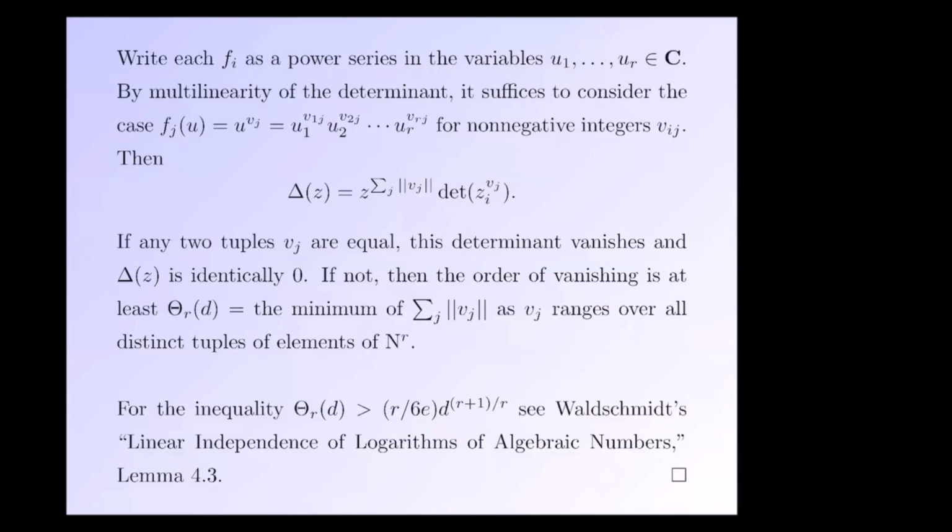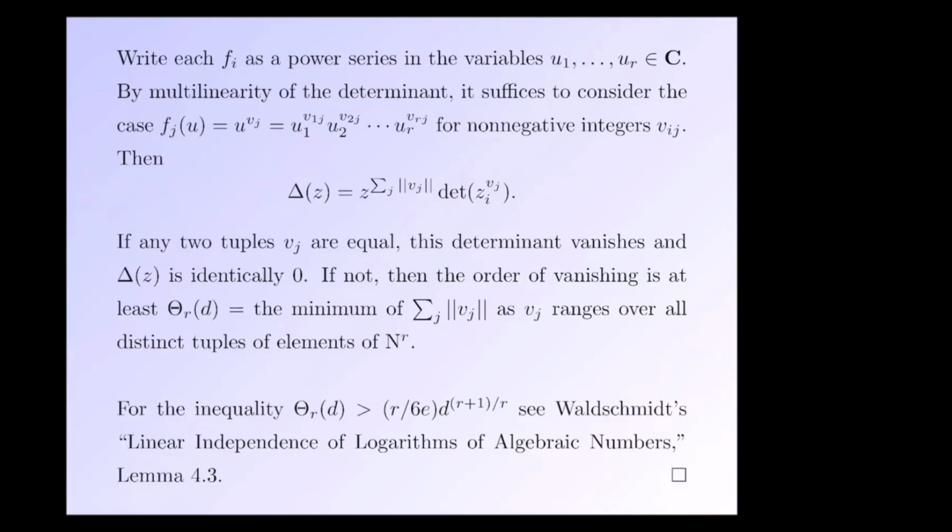Okay, so write each fj as a monomial. So it's u1 to some exponent times u2 to some exponent, up to ur to some exponent. And this vector of exponents, I'll just call vj. Okay, so now remember what happens. How do you define the function delta?